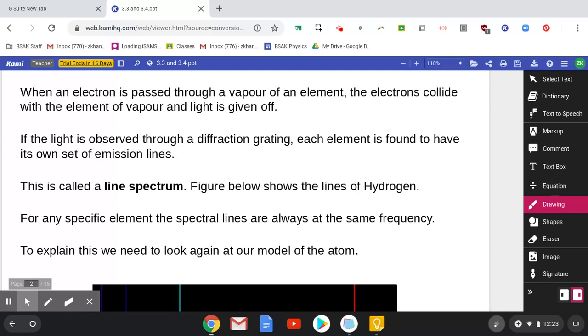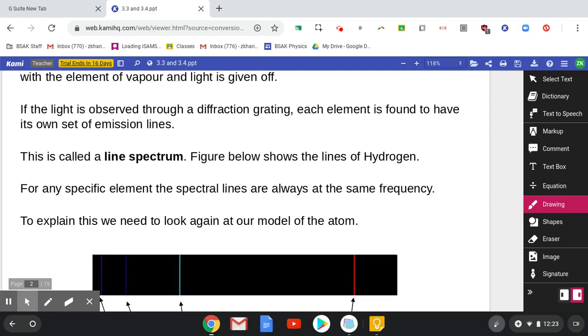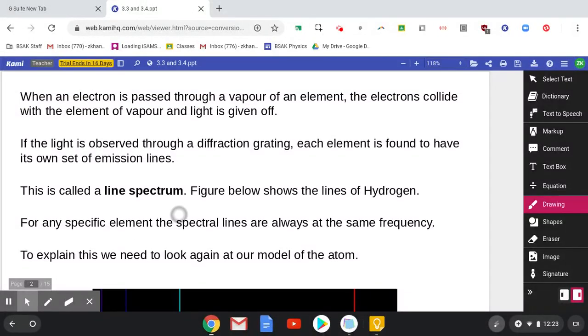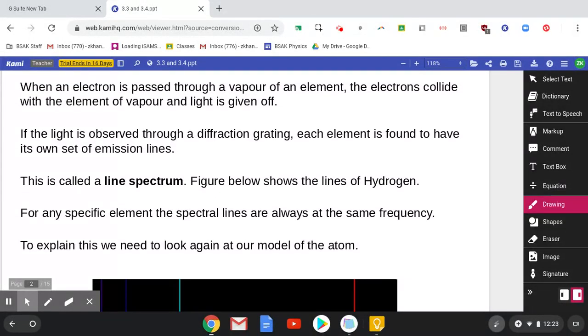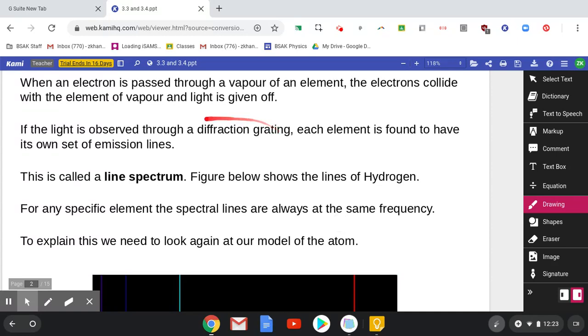The electrons then collide with the element hydrogen and the electrons within hydrogen, and as a result, something is produced called the line spectra. That light that is given off from the vapor is passed through a diffraction grating, and we know all about diffraction gratings. It spreads out light, and we produce something called the line spectra.